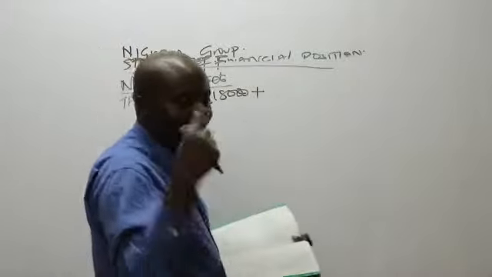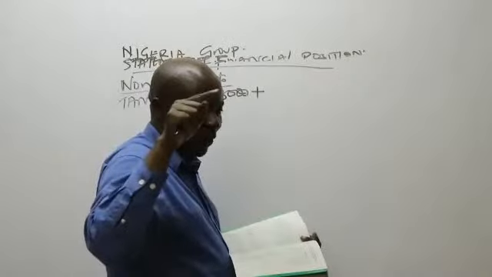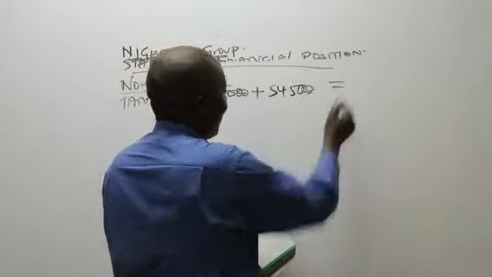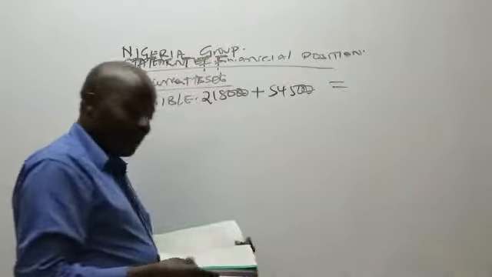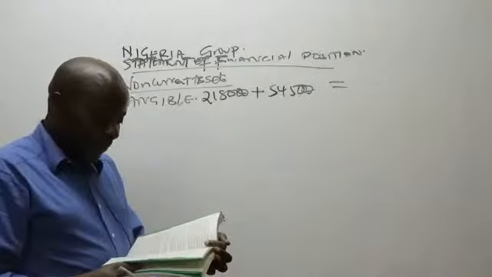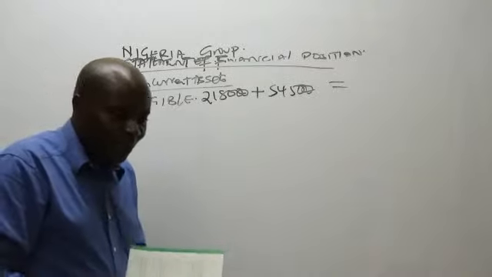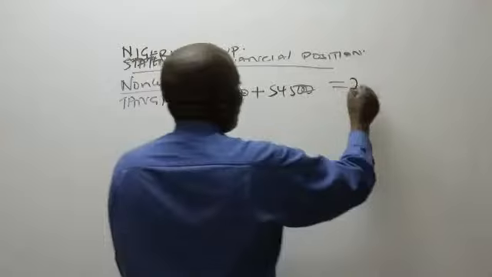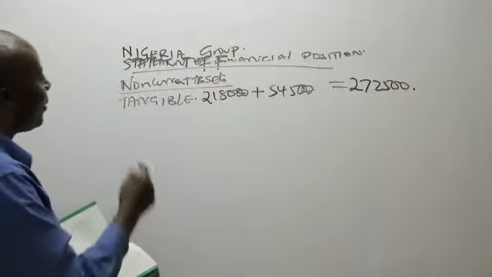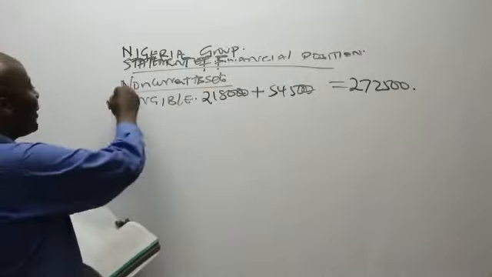Fortunately, we had adjusted the one of the subsidiary for the fair valuation, so plus 54,500. The figure is 272,500.